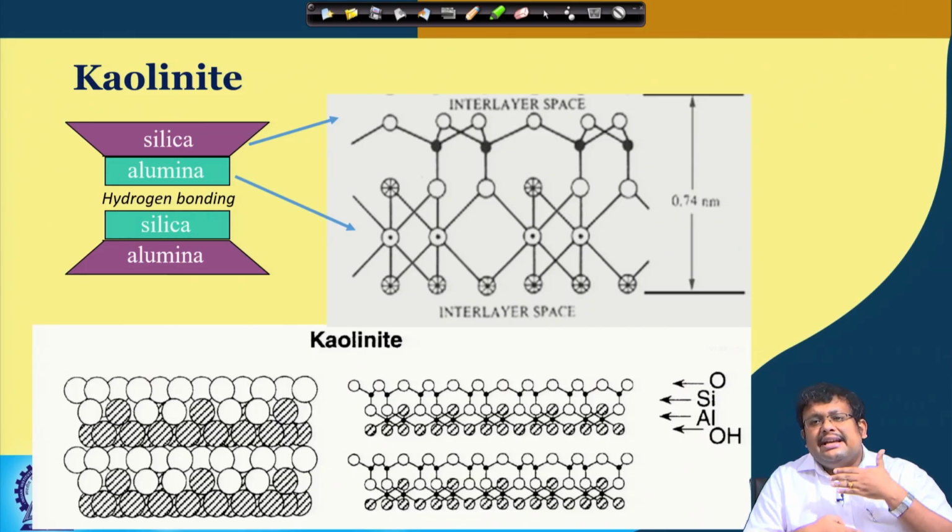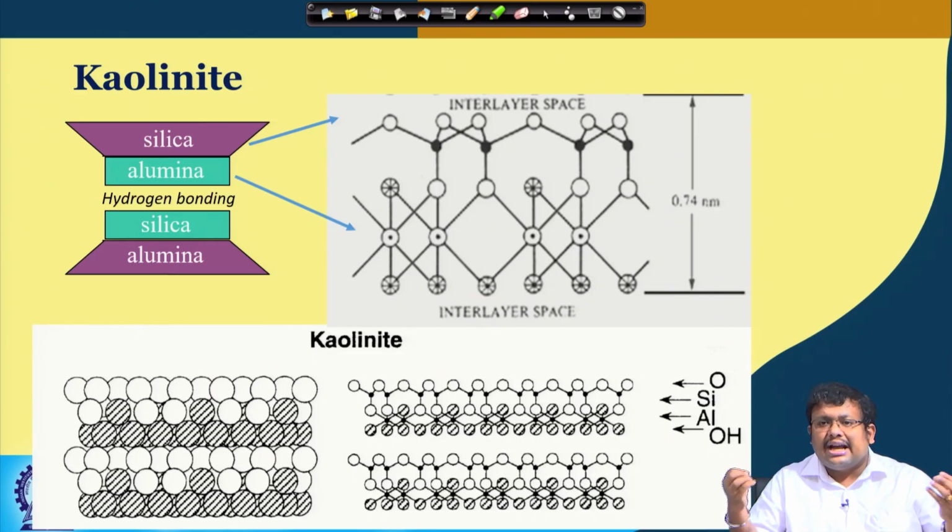So, as a result, their interlayer space is basically collapsed, and when the interlayer space is collapsed, there is no chance of getting other ions in the interlayer space.